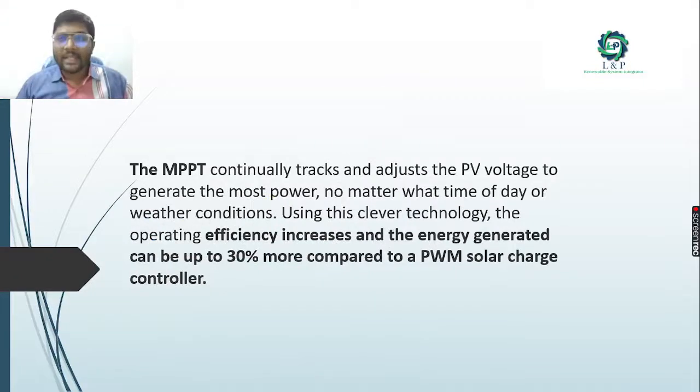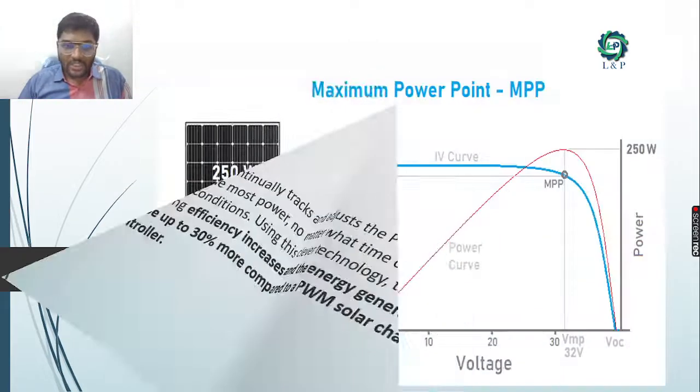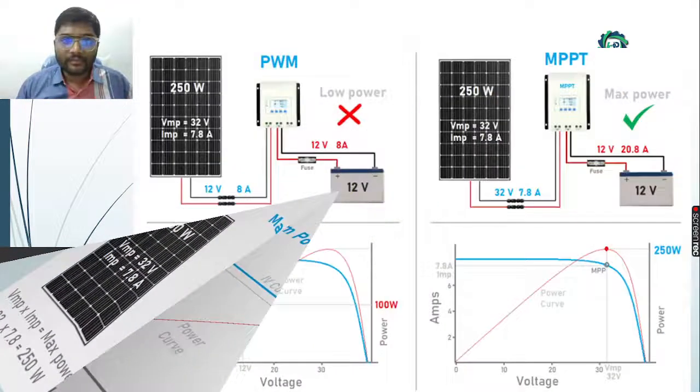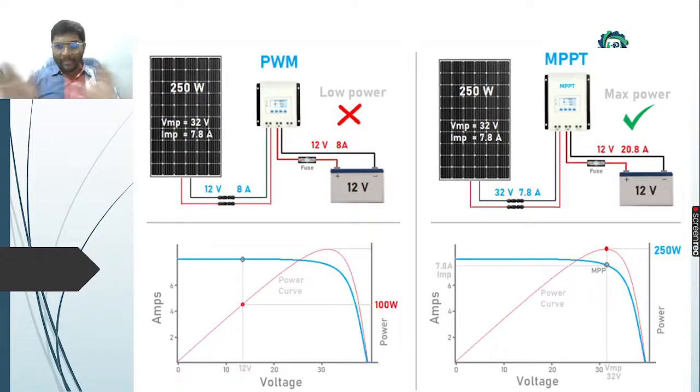So as we said earlier, when we use MPPT, we can increase the efficiency by more than 30% compared to normal PWM solar charge controllers. This is one example of how maximum power point tracking happens when we draw a waveform between the voltage and the current. So this is the comparative view.